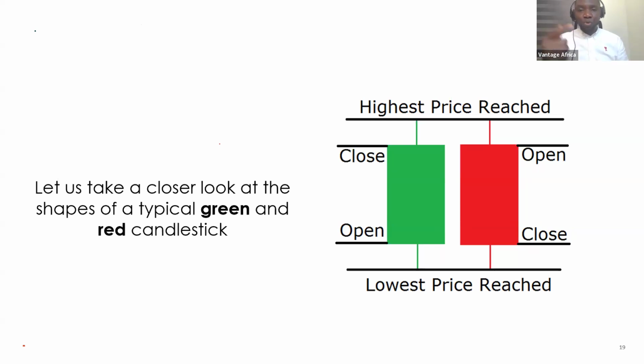So this open close would have happened in 1 hour if you're on the 1 hour chart. If you're on the 4-hour chart, this open close would have happened within the space of 4 hours. If you're on the 15-minute chart, this open close would have happened in the space of 15 minutes. So you decide what kind of chart you want to use.